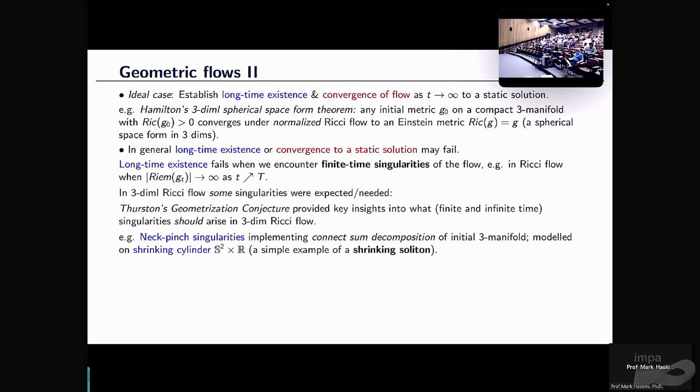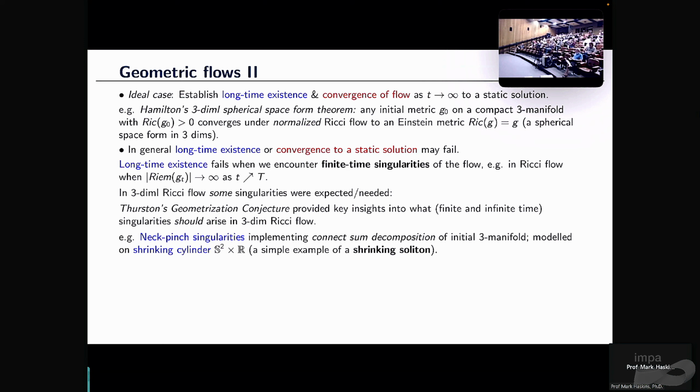So, for instance, if we take the product of a two-sphere with R, that's a cylinder, and under Ricci flow, the size of the S2 shrinks, so it's another kind of shrinking soliton, and then we don't expect that R.